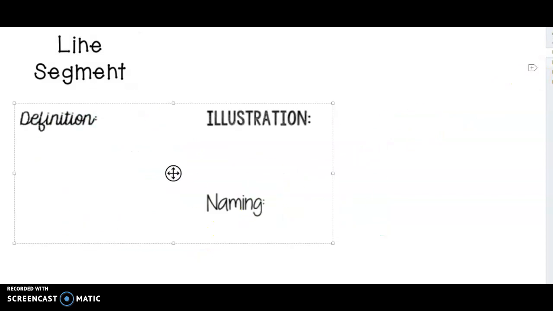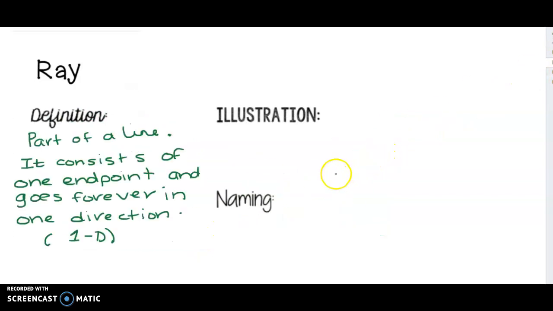All right. So illustration. So we have an endpoint, which is literally where it ends, the point that ends the whole thing. So we're going to call it, I don't know, D and E. So it starts at this point, or you can say it ends at this point. It starts at this point and goes forever in this direction.